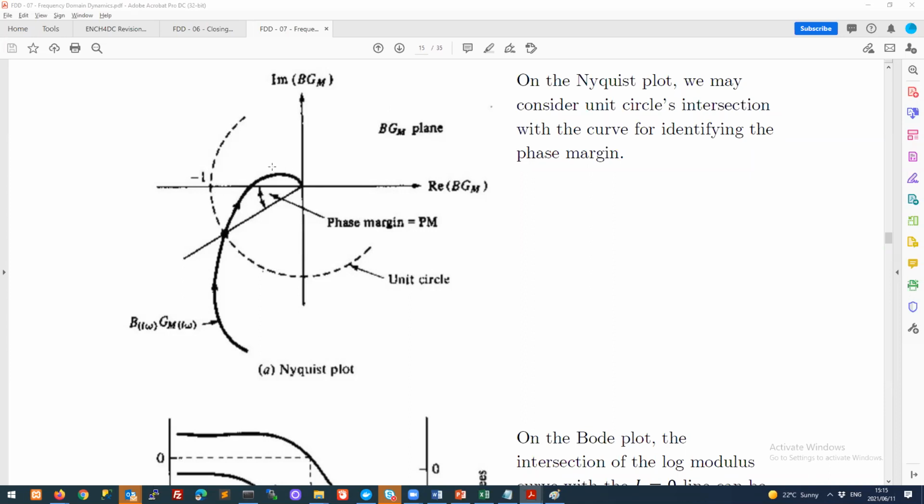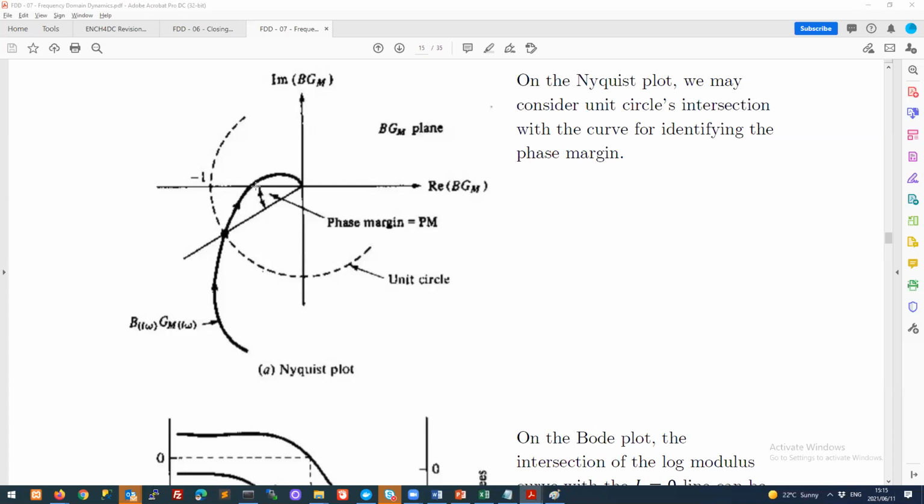And then you take your curve and you look at where this curve crosses the -1 circle. So the solid line is your process, and you look at where the process comes close to this unit circle. And then you take the angle between your negative real axis and that point of intersection.